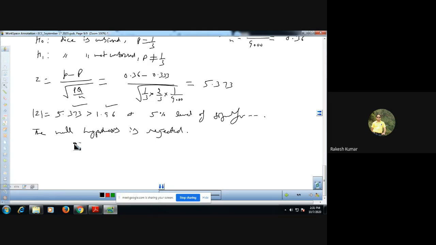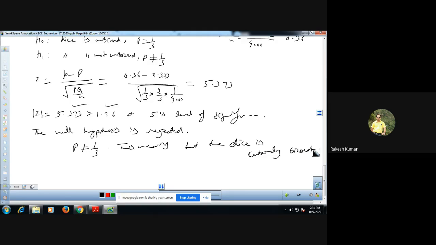Rejected means the probability of getting a 5 or 6 is not 1 by 3. So this is the null hypothesis, that probability is 1 by 3, and it is rejected. And what does this statement mean? This means that the dice is certainly biased.